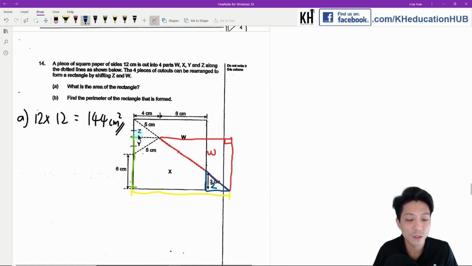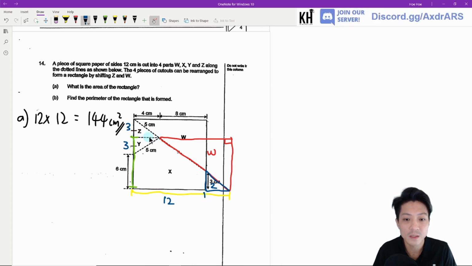Okay, so the breadth, since this is 12, this is 6, so here will be 6. 6 divided by 2, this will be 3 and 3. Okay, this is 12 until here. And the base of Z is 4. So this is 4. And this will be 16.